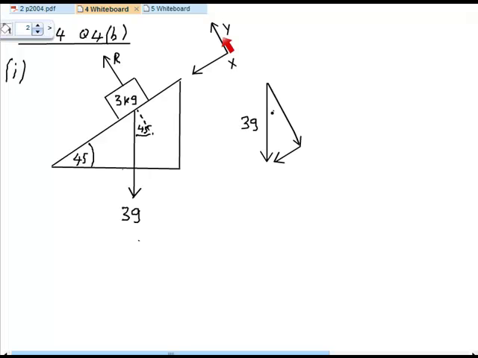And the angle in here is still 45, which means this is 3g cos 45, or 3g over root 2, and this is 3g sin 45, also 3g over root 2.